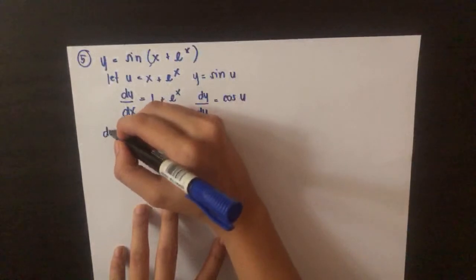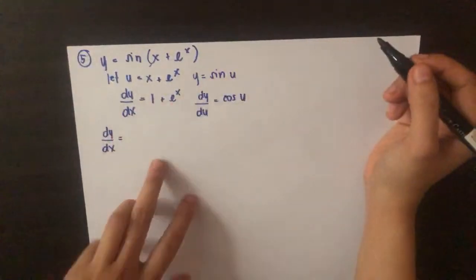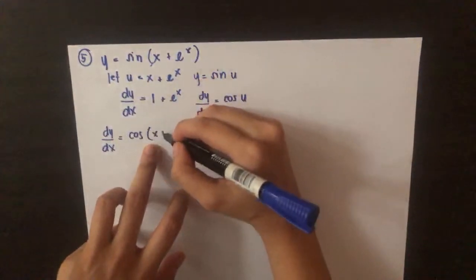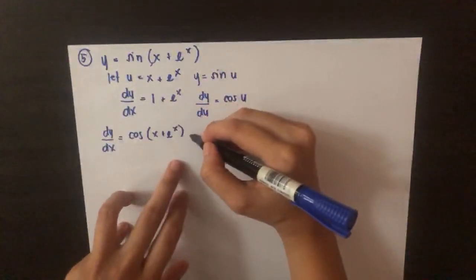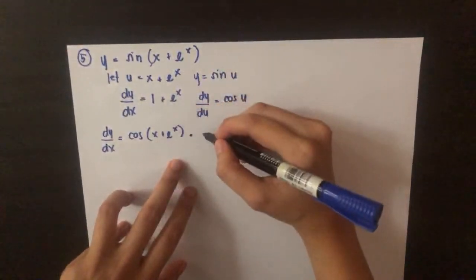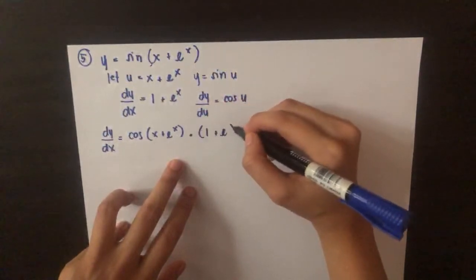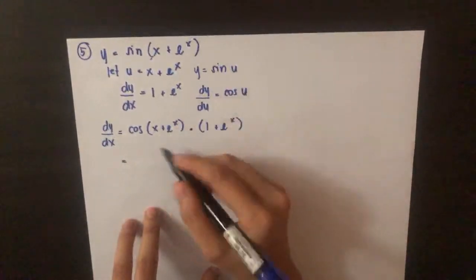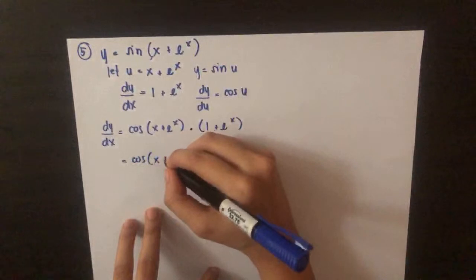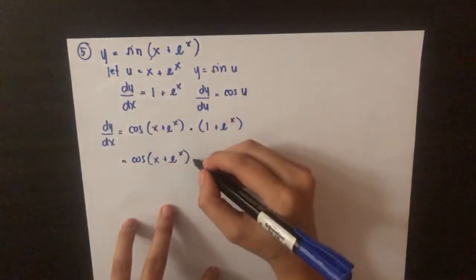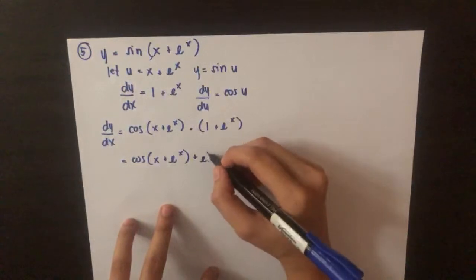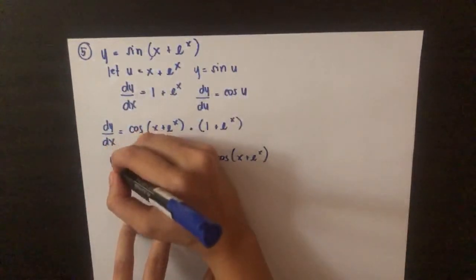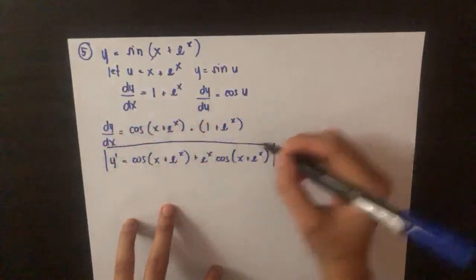Substituting in the formula again, we have cosine of (x plus e raised to x) times (1 plus e raised to x). Simplifying, cosine (x plus e raised to x) plus e raised to x cosine (x plus e raised to x). So, that's my final answer.